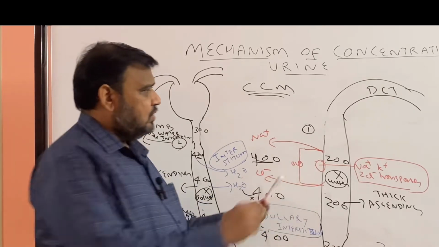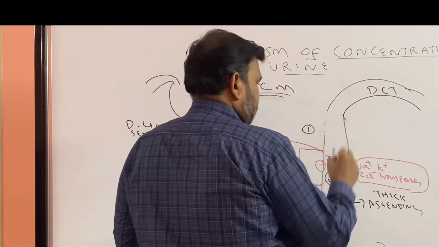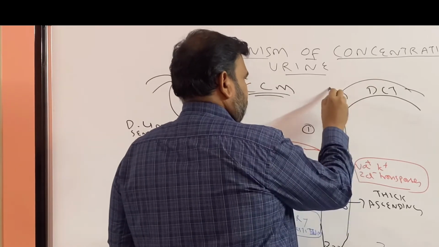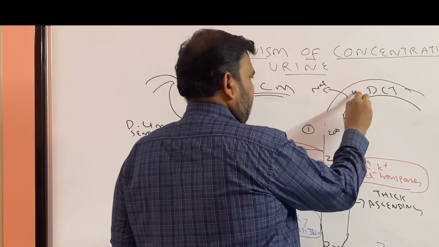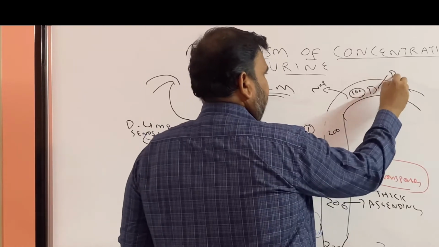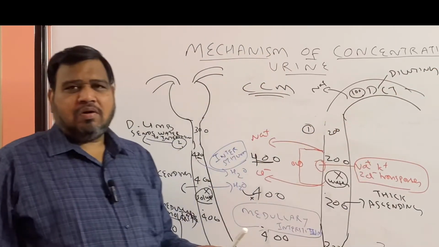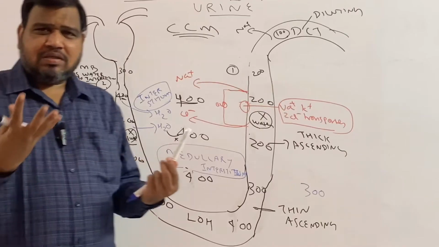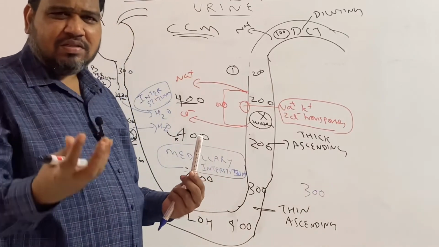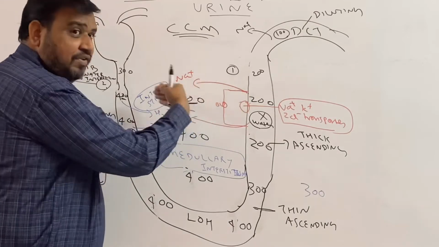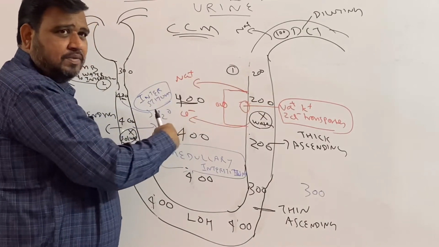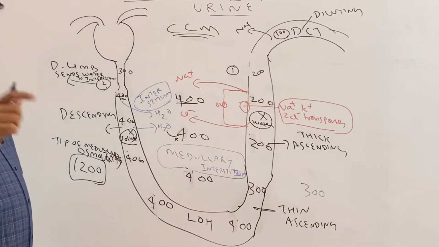Here and here also it will continue, 200, 200. Then here also some sodium will be lost, 100. That's why this is called the diluting segment. Usually the distal convoluted tubule we also call a diluting segment. With 200, the gradient, the osmolality, is very low. So the process where in the first step sodium and chloride get absorbed becomes difficult.